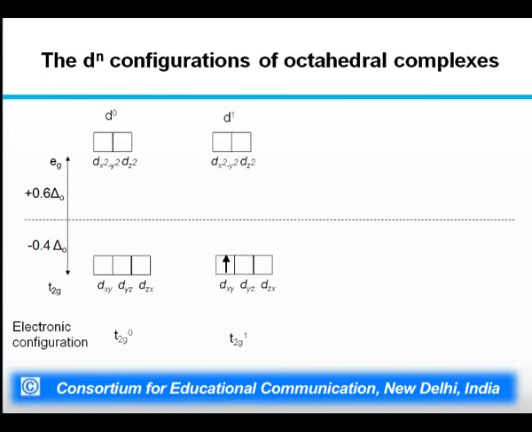Now, when we have a d1 system, as we know from a knowledge of atomic structure, the electron always enters the lowest energy level. So, among the t2g and eg, the lower energy level is t2g. So, the d electron can enter any one of the degenerate t2g orbitals, be it dxy, dyz or dxz. In the slide, I have shown the electron in dxy.